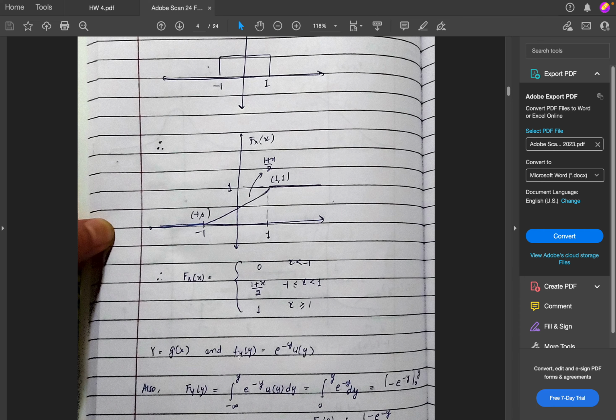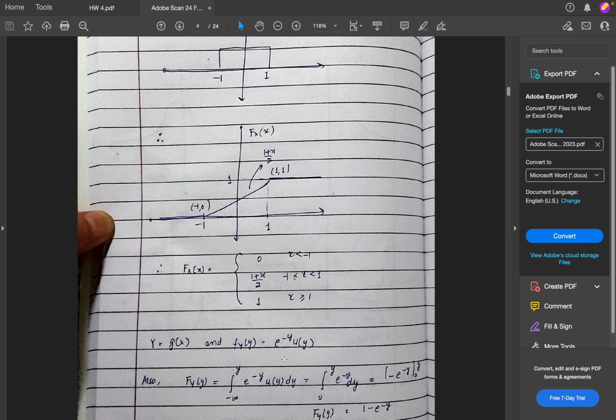Also we are given that f of y is equal to e raised to power minus y times u of y.